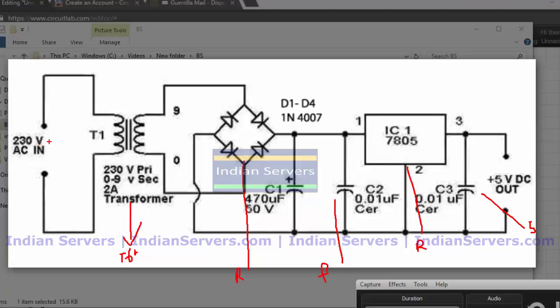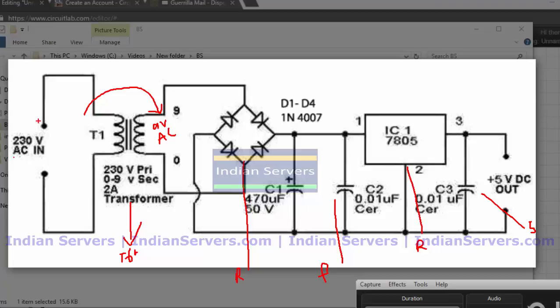In the first step, by using a step down transformer, 230 by 12 volts or some other 230 by 9 volts step down transformer, I am going to convert the voltage first. Here this 230 volts is converted into 9 volts AC. Transformers only work with AC.